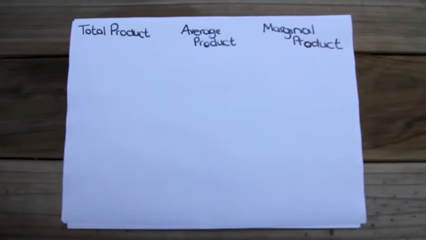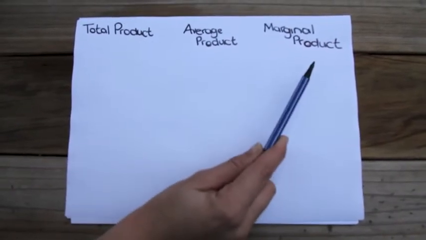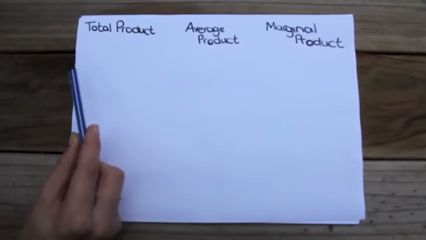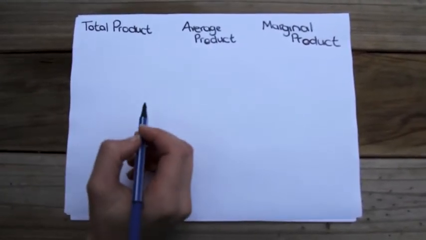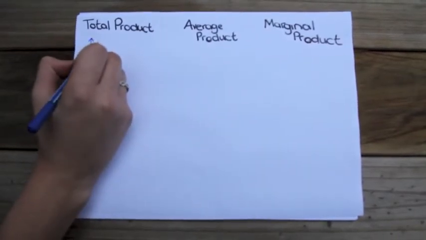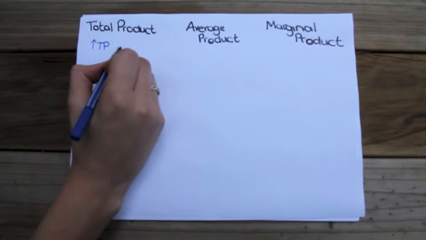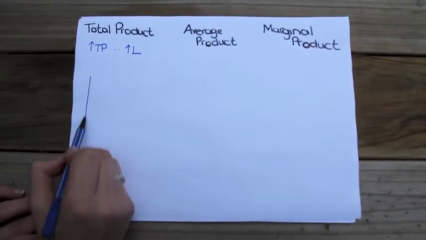So here we go. Firstly we're going to start with total product, average product, and marginal product. As we discussed before, the only way to increase total product is to increase the labor you've hired. This can be shown in the graph below.